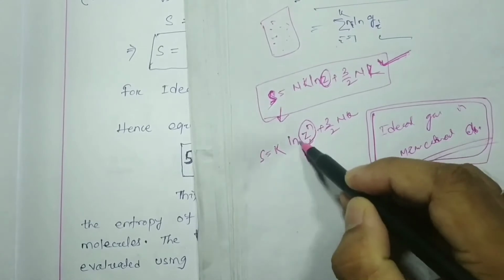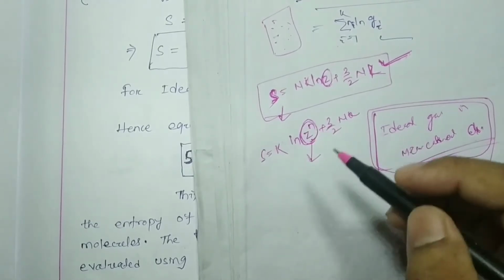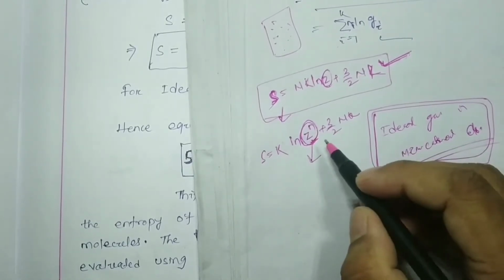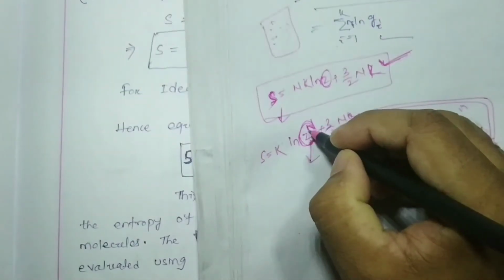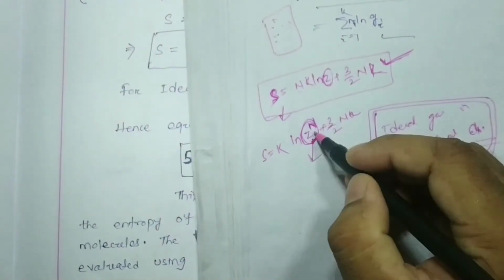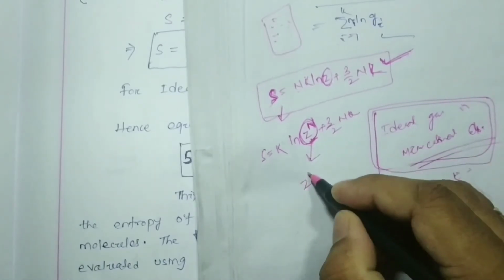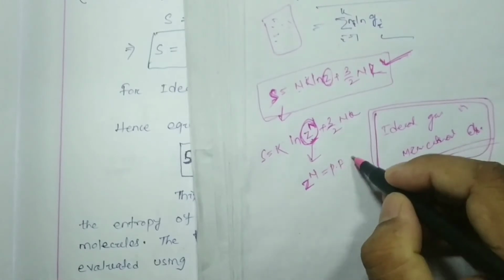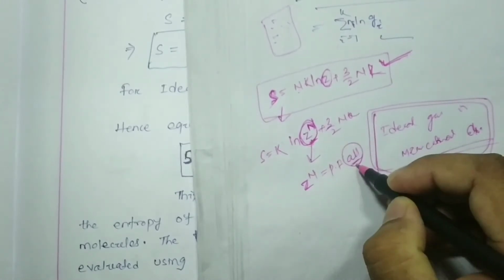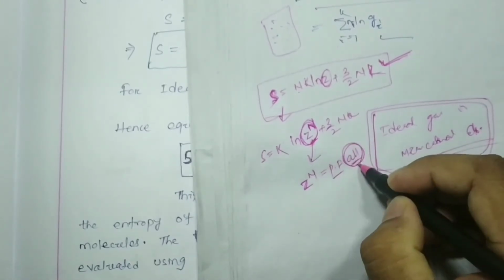So z to the power N, where capital N is the number of molecules, is the representation of the partition function considering all the molecules.